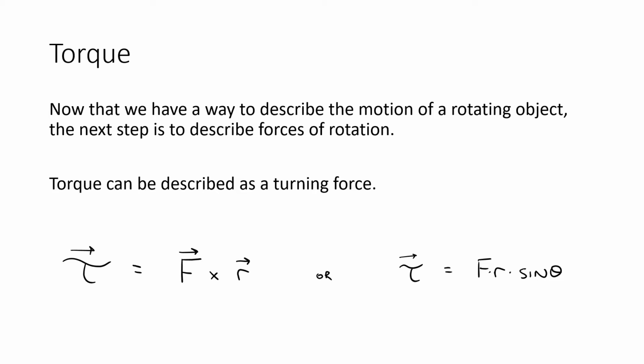That'll be a bit more clear. So the very simple form, force times radius, or a lever arm, is just describing how much something is being applied to turn, how much it's being forced to twist. That is torque.